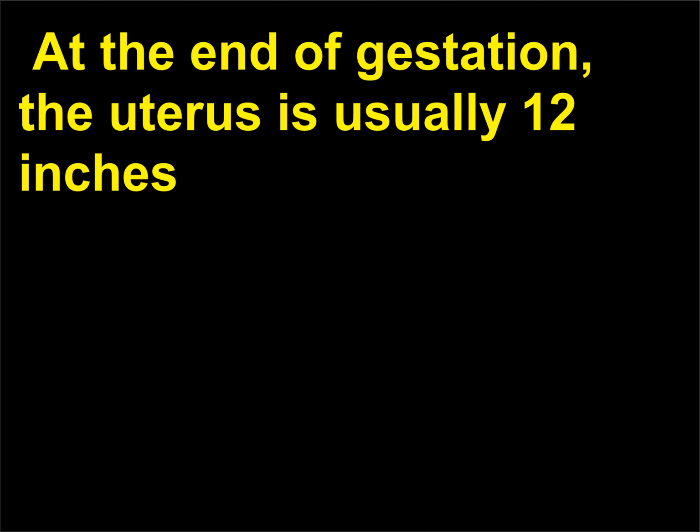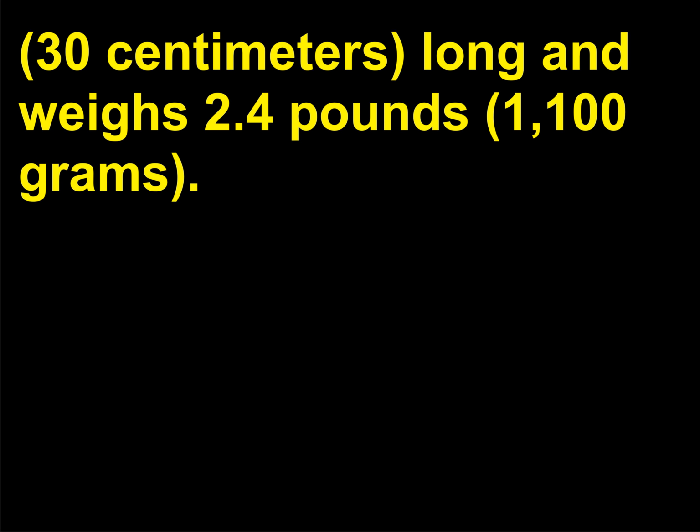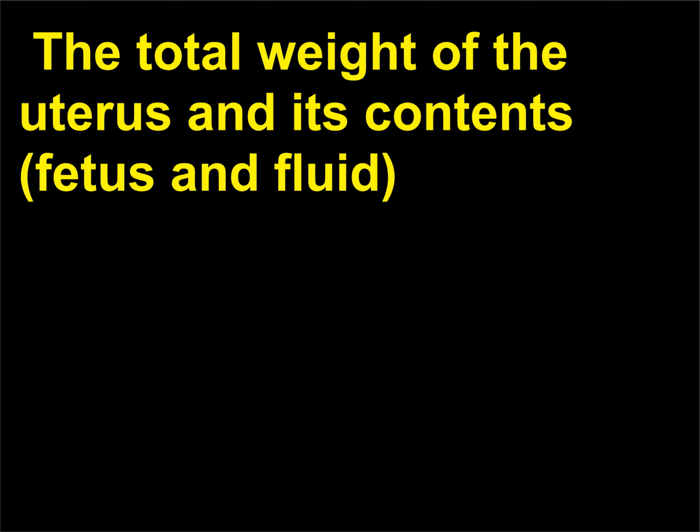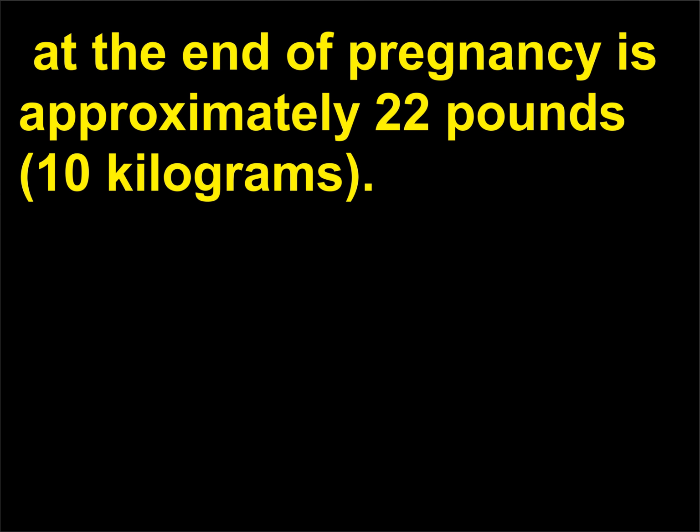At the end of gestation, the uterus is usually 12 inches, 30 centimeters, long and weighs 2.4 pounds, 1,100 grams. The total weight of the uterus and its contents, fetus and fluid, at the end of pregnancy is approximately 22 pounds, 10 kilograms.